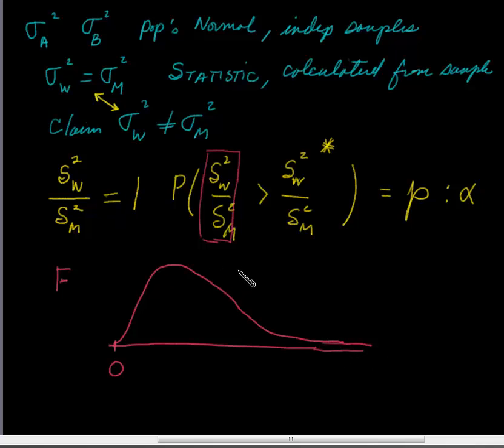So this would be a member of a family of F distributions. Now we're used to families of distributions. Chi-square comes from a family. T comes from a family. Well, F also comes from a family, and we're going to use the concept of degrees of freedom again to indicate which member of the family we're talking about. Now let's concentrate on S squared W over S squared male.